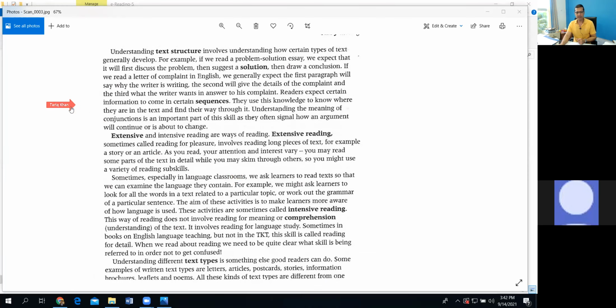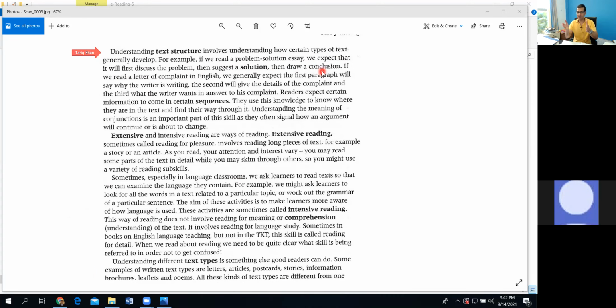Understanding text structure involves understanding how certain types of text generally develop. Text structure, the way, the shape of the text. For example, if we read a problem solution essay, we expect that it will first discuss the problem, then suggest a solution, then draw a conclusion.